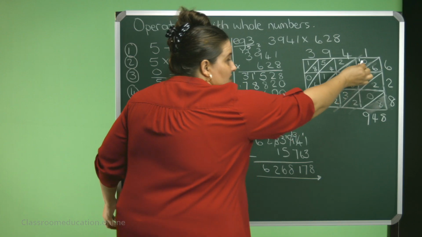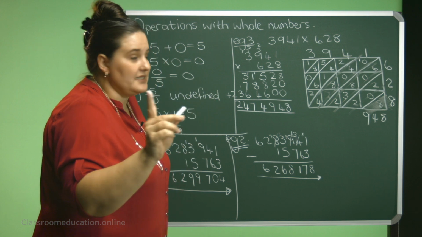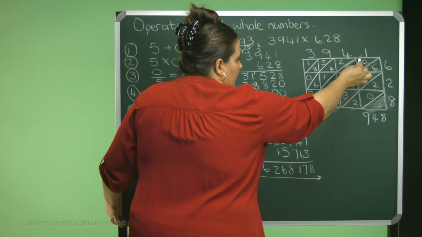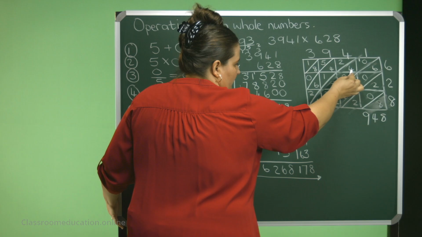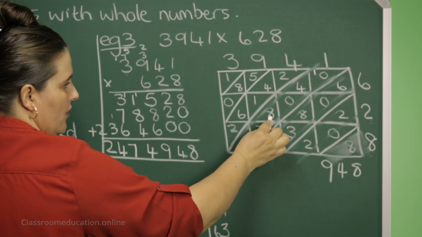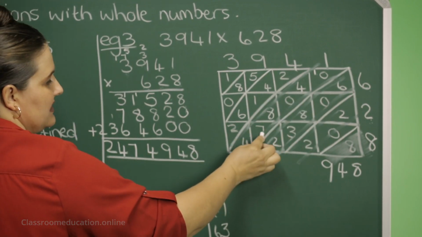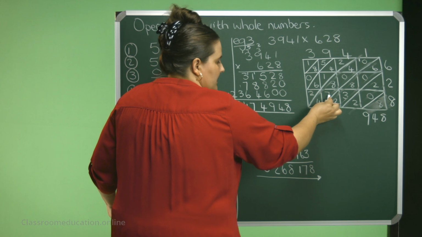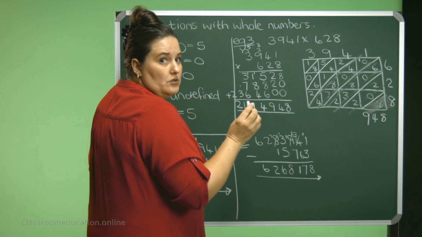1 plus, that's not a 10 now, guys. That's not a 10, it's a 1. 1 plus 4 is 5, plus 8, 13, plus 7, 20, plus 4, 24.